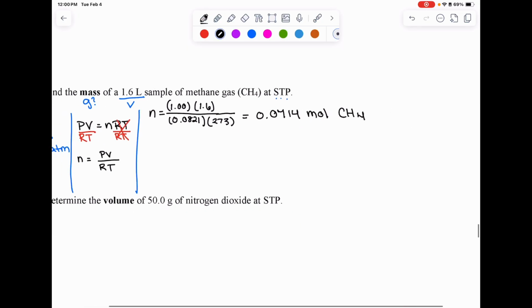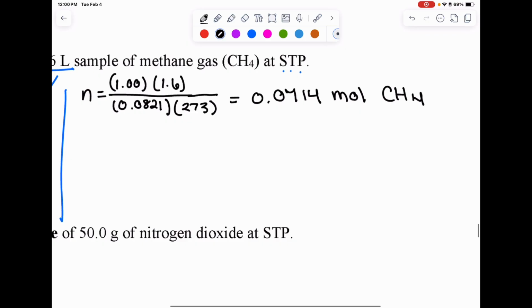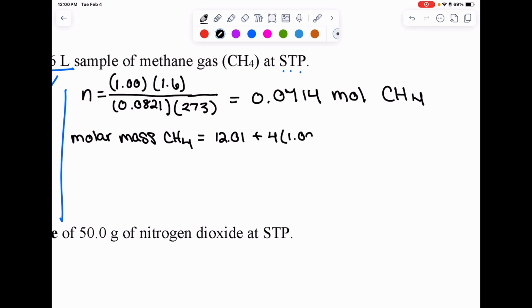However, we cannot stop here. We do not need moles. We need to find grams, mass. In order to go from moles to mass, we have to find the molar mass of CH4. So the weight of carbon is 12.01, and 4 times the weight of hydrogen is 1.008.